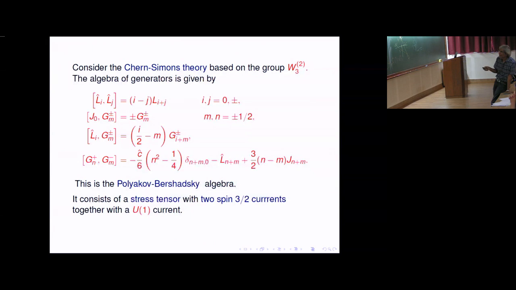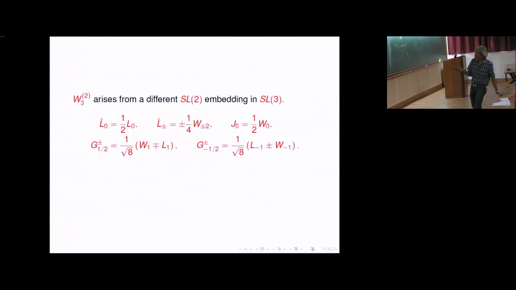There is a Chern-Simons theory associated with this particular algebra. And the algebra actually arises by a different SL2 embedding in SL3. So this is the usual SL3, and this is the new W_3^2 algebra. So the SL2s are related to the SL3s in this manner.